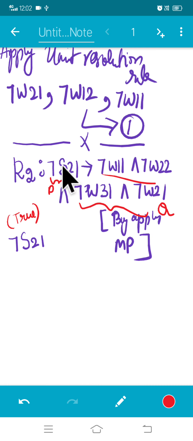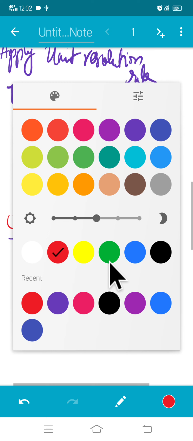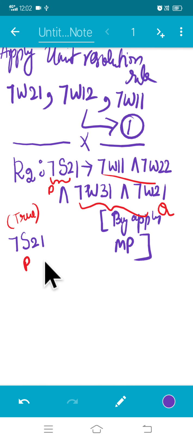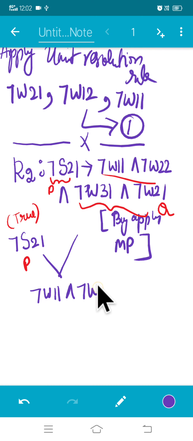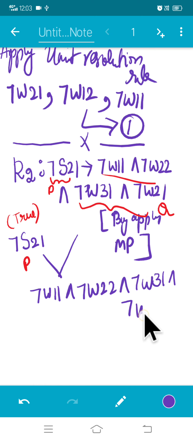Here you can see negation S21, negation S11, both are P. Given that P is true, we can write negation W11 and negation W22 and negation W31 and negation W21. So by this we can write here.